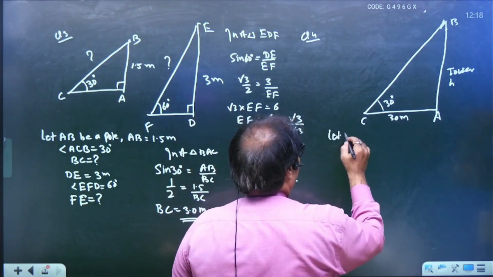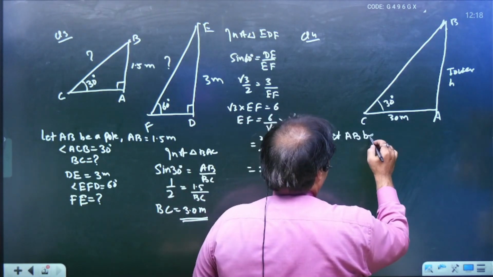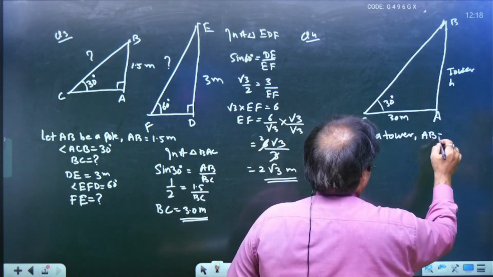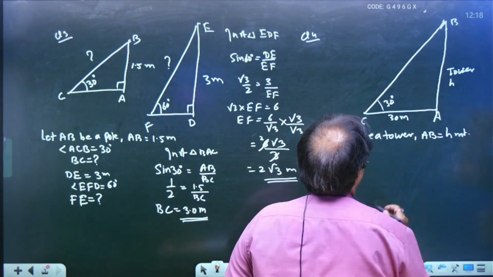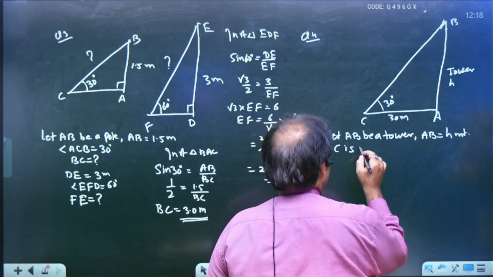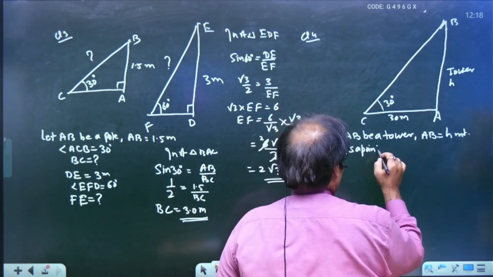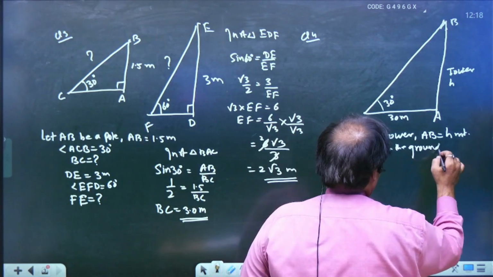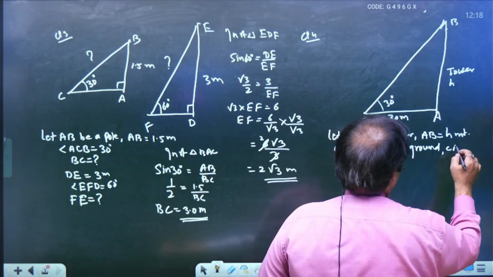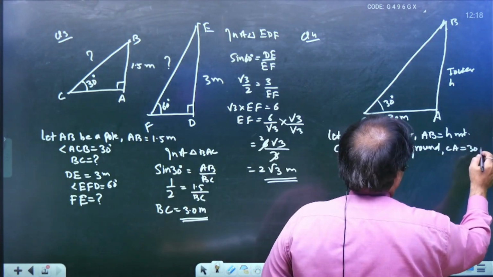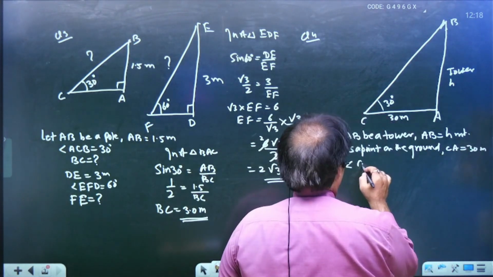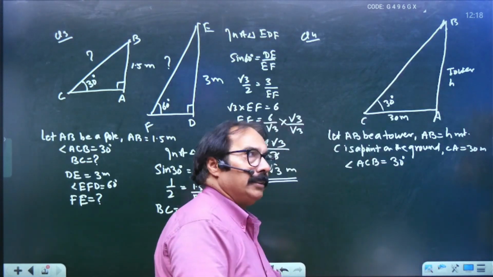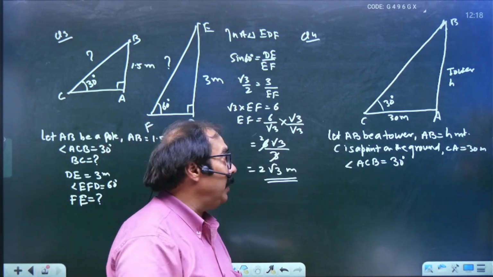Let AB be a tower such that AB is equal to H meter, and C is a point on the ground such that CA is equal to 30 meter and the angle ACB is equal to 30 degree. So this is the analysis, which means this is about the figure.